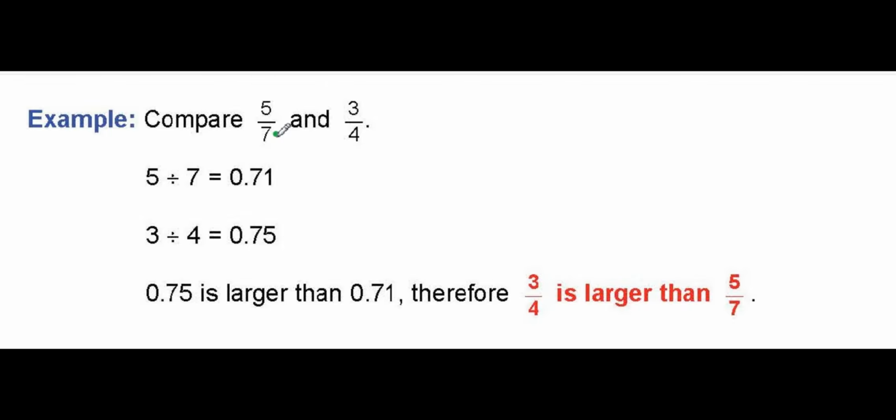The denominator of 5/7 is 7. So we will divide 5 by 7. 5 divided by 7 equals 0.71.